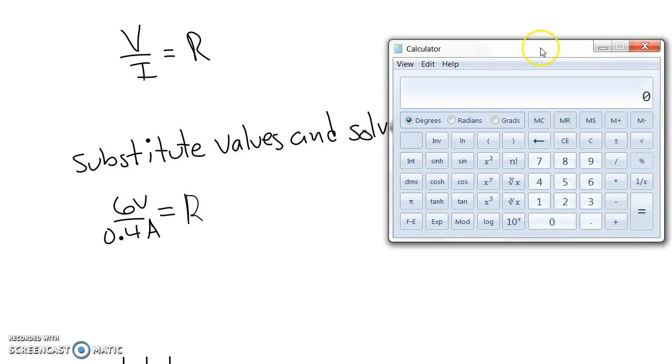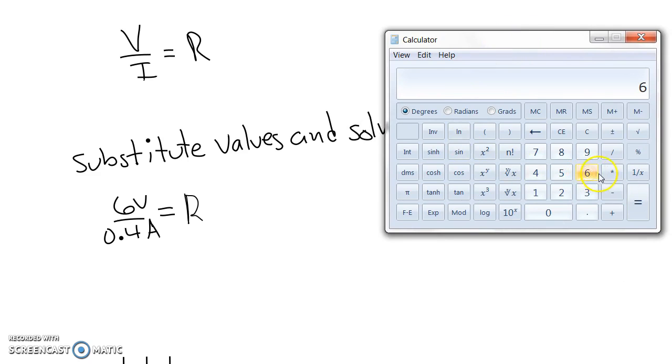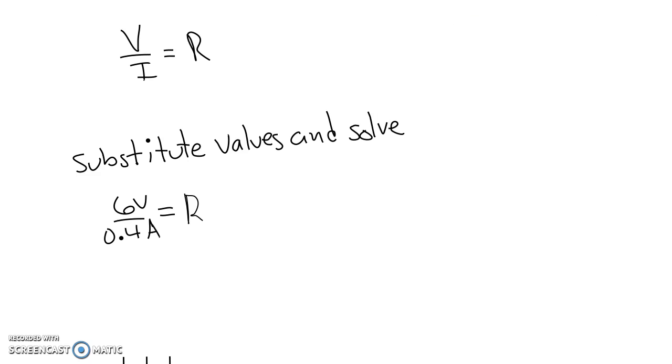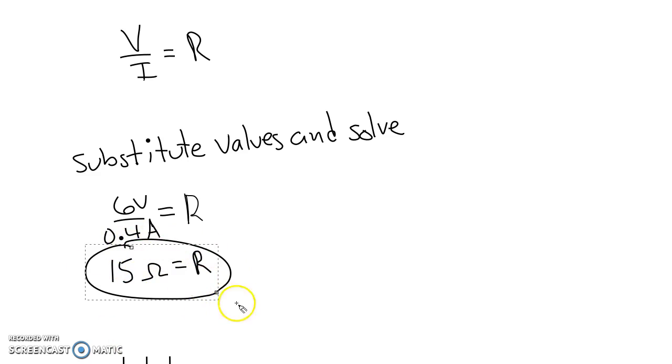Right here's my calculator. I'm going to take 6 and divide that by 0.4. And I end up with 15. So let me get rid of this, bring in my answer here. The answer that we get in this particular problem is that the resistance of our resistor is 15 ohms.